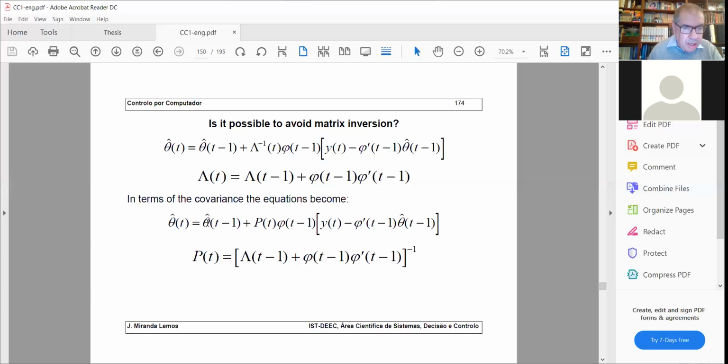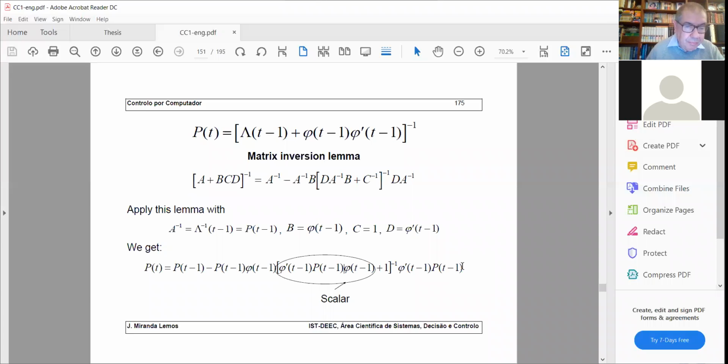So here in the equation for theta hat, I don't have to invert any matrix provided I have P. But to compute P with this equation, I still depend on lambda. So I'm going to use one thing, which is the matrix inversion lemma. Okay, so I want to invert this sum of matrices, and for that I'm going to use this equality.